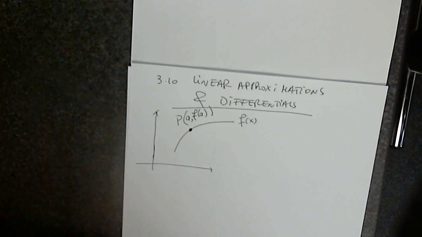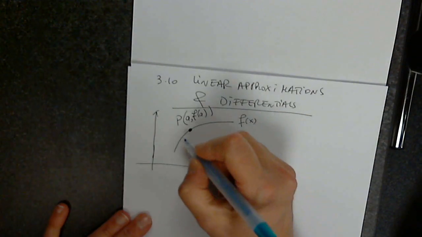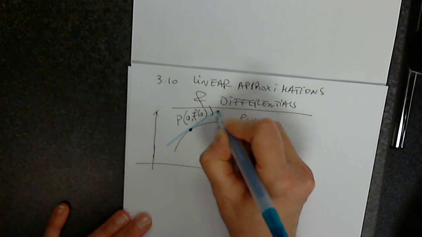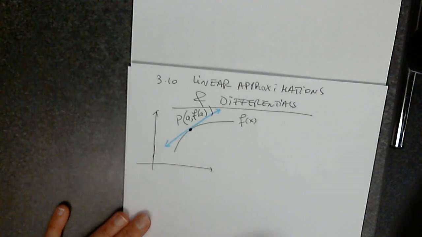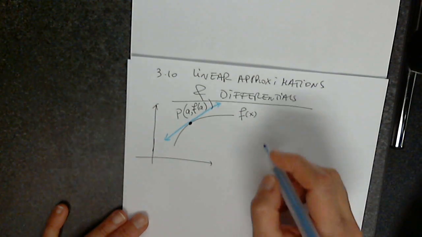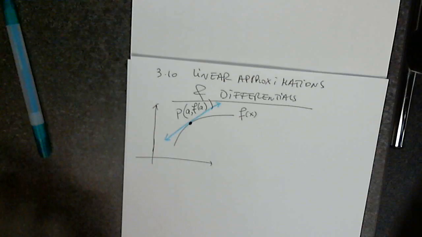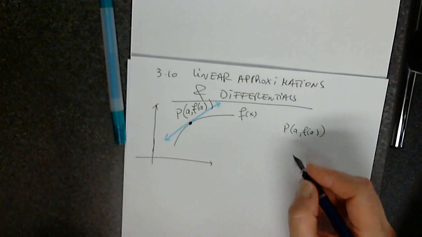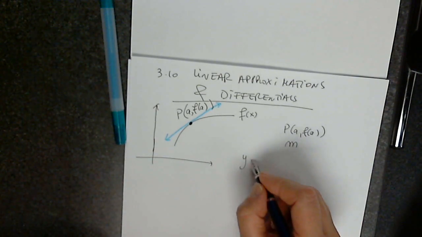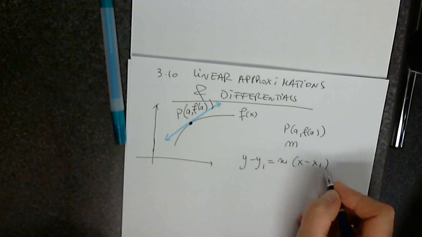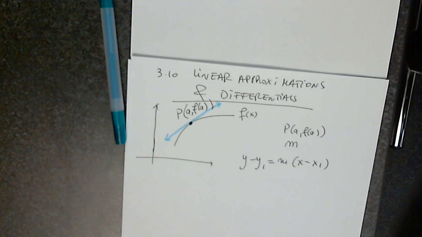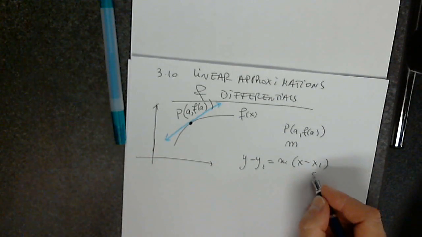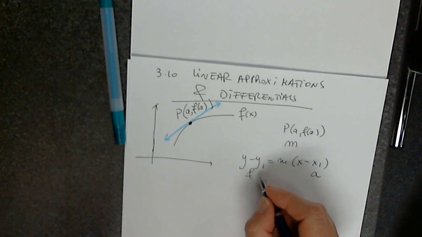And now I would like to determine the equation of this line that is tangent at point P. So I have a point, and I would like to determine the slope, because I will be using y minus y1 equals the slope times x minus x1 to determine the equation of the tangent line to the graph of f of x at point P. So obviously x1 is a, y1 is f of a.